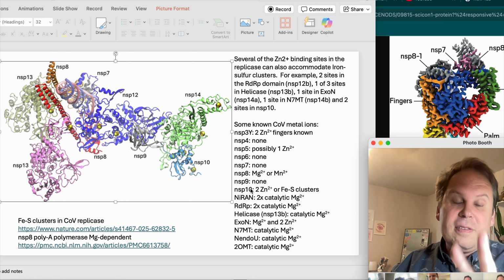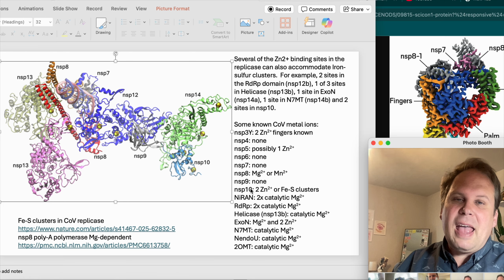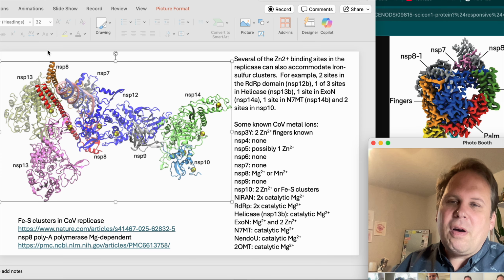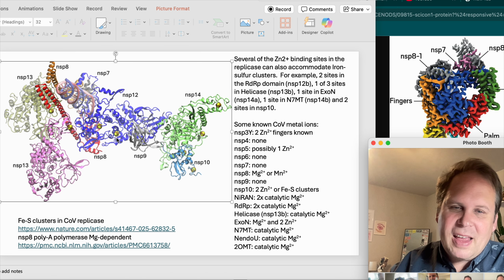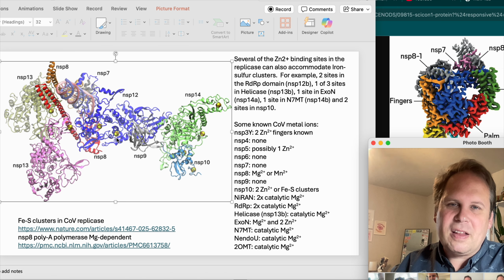That's got two zinc binding sites, and shown on here, these are all zinc binding sites, but everywhere you see this little orange and yellow blob, that is a zinc binding site that can at least sometimes be switched out for an iron-sulfur cluster.